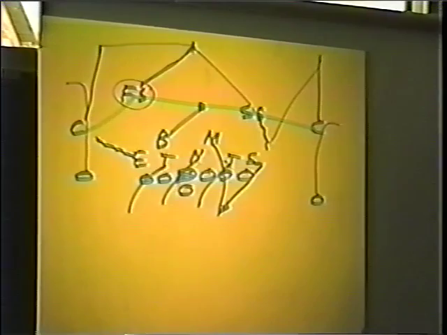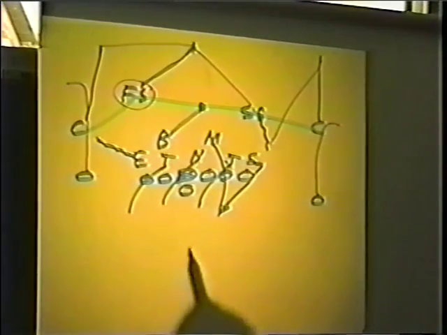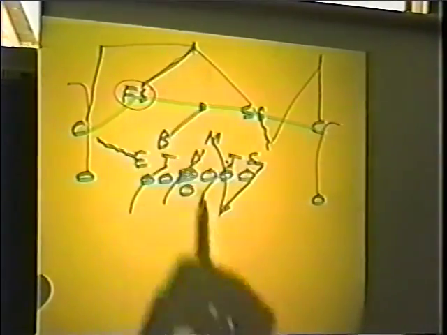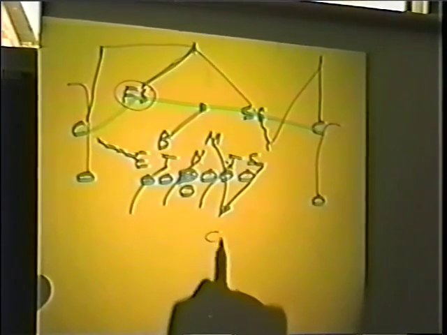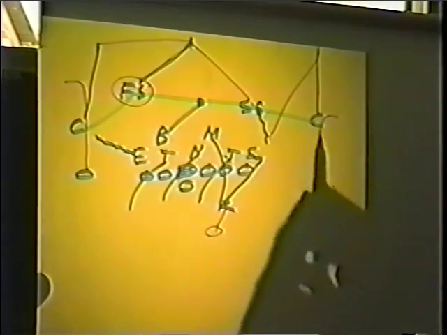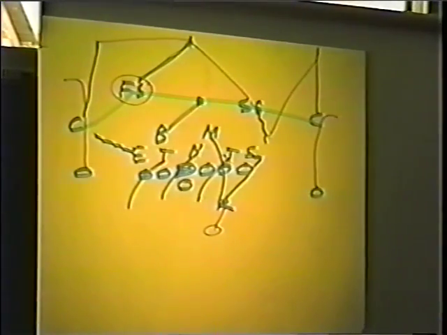Number one, we knew that's where the soft coverage was going to be. Okay, in other words, the soft corner was going to be over there. Okay? And number two, we knew the side to where the safety was rotating to was the side we were going to lose our back. So we didn't have an underneath receiver going out to that side. Okay?